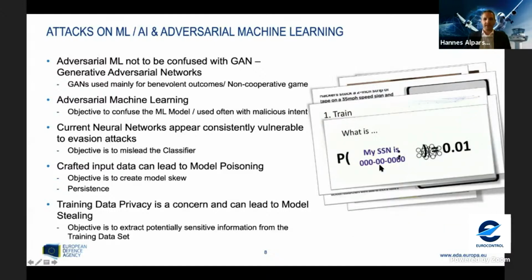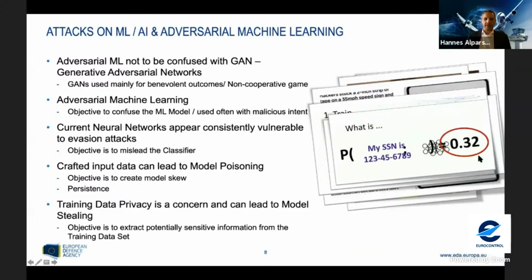For example, he wants to find out if a certain social security number is inside the model. He just makes a brute force attack with queries, and for the response with the highest probability, there's a high probability that this social security number is in the model.